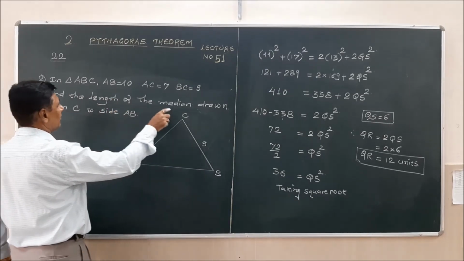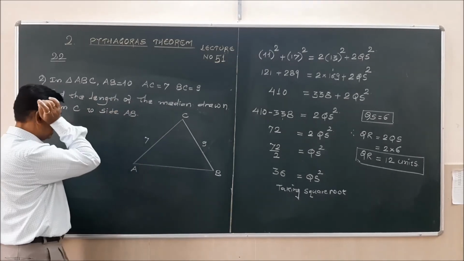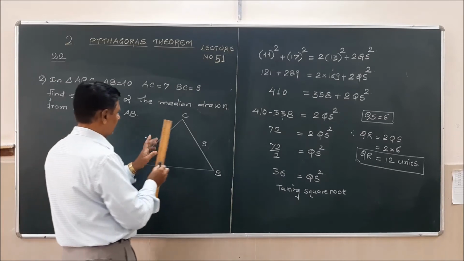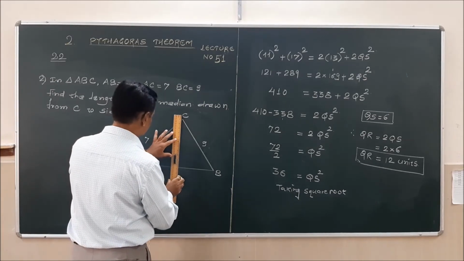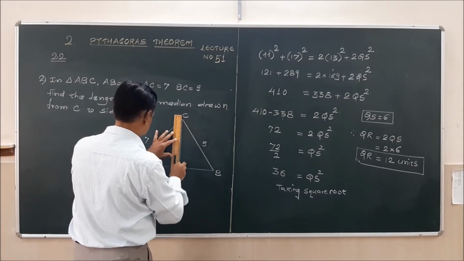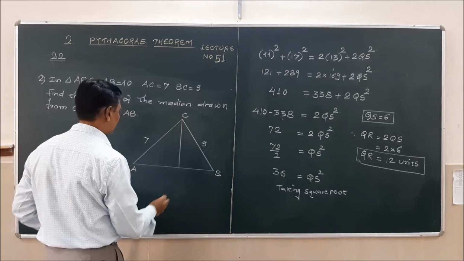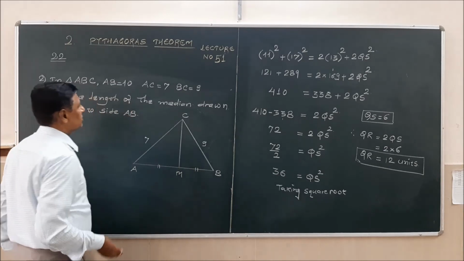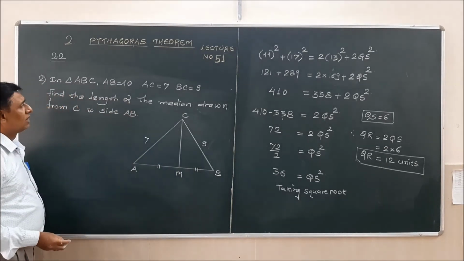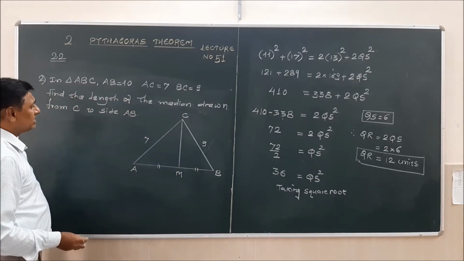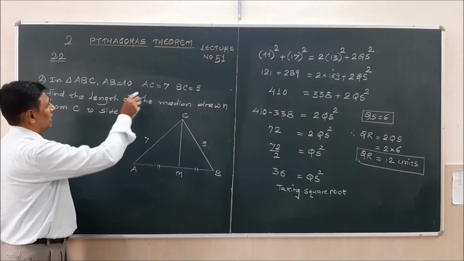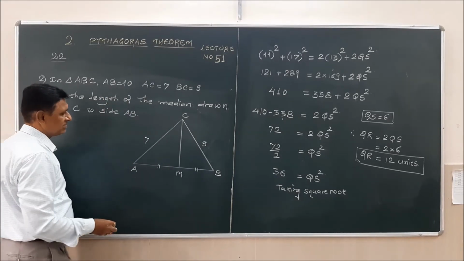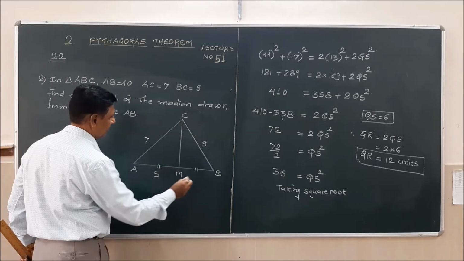Find the length of the median drawn from C to side AB. So the median is drawn from C, and if I take M as the midpoint, CM is the median. AC is 7, BC is 9, AB is 10, so AM is 5.